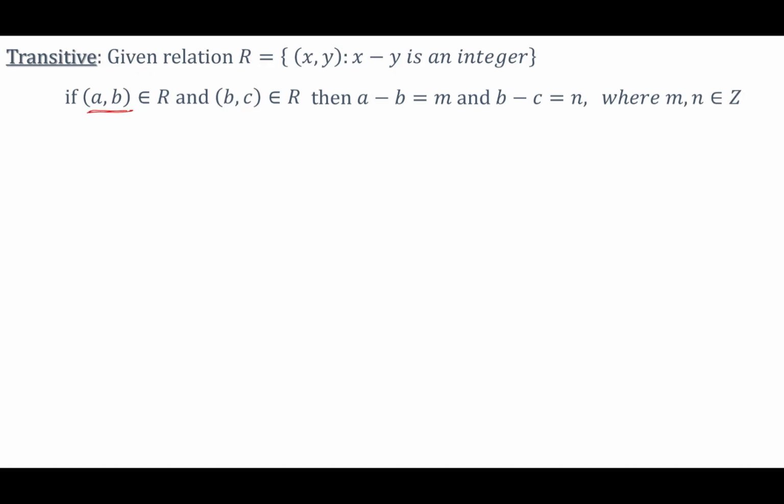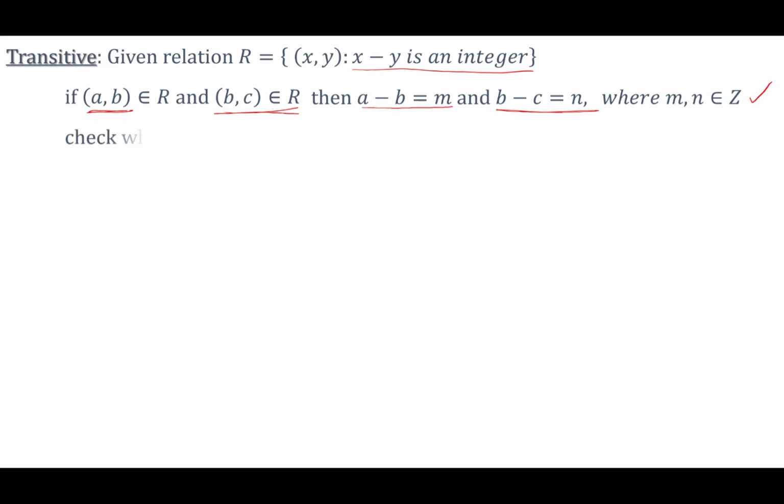And if (b, c) belongs to R, then b minus c equals another integer. This is as per the definition of the relation.